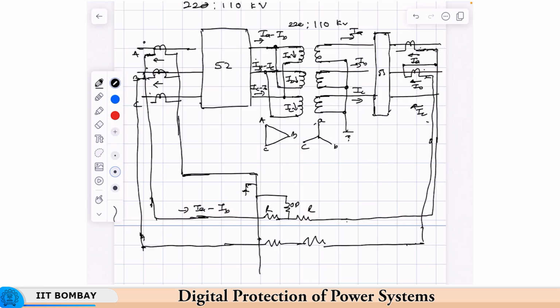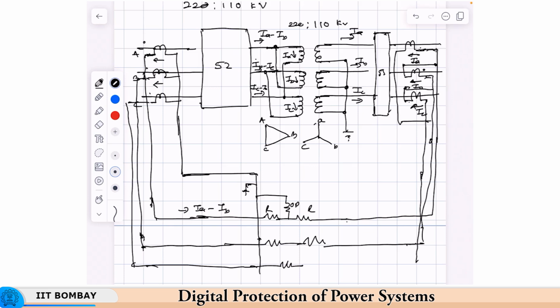These are the dots that I have: this is for IB minus IC. Okay. The third one is here. Okay, and then we will have the restraint winding.